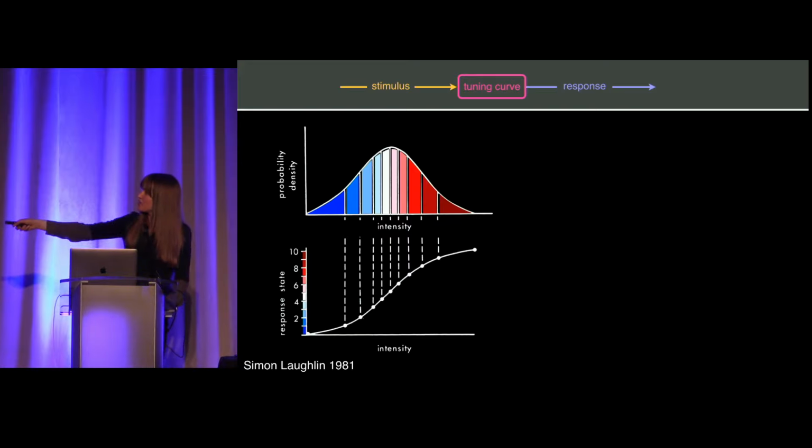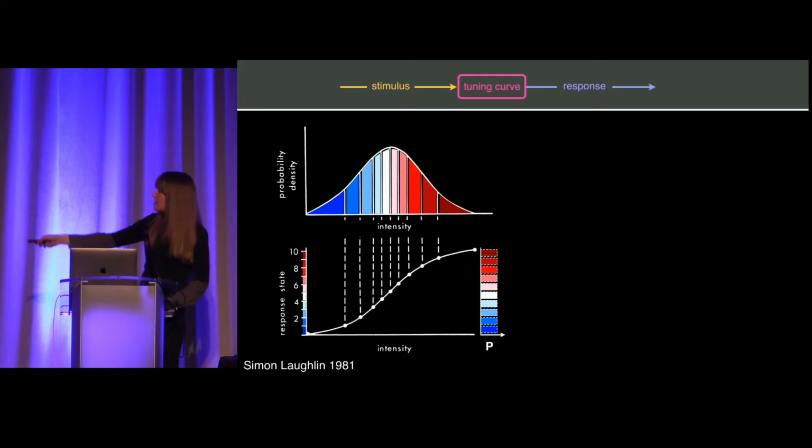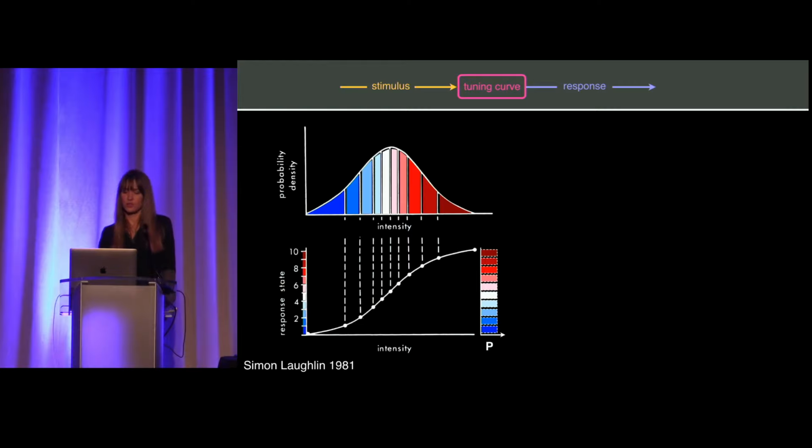And so you can think of this tuning curve as assigning different chunks of this distribution to each of these discrete response states. And this again guarantees that this histogram of response states is flat at the output. Probability is distributed equally among them. And so this is often referred to as histogram equalization because we're equalizing the histogram at the output.